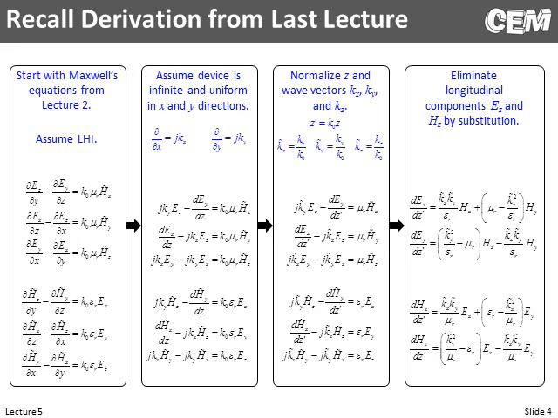The other thing to point out on both of these sets of equations, we only have one independent variable left, that's z, so our derivative has become ordinary. At this point, we solved the third and the 6th equation for the longitudinal components, Ez and Hz, substituted them into the remaining 4, and we end up here. So we have 4 equations and no longitudinal components.